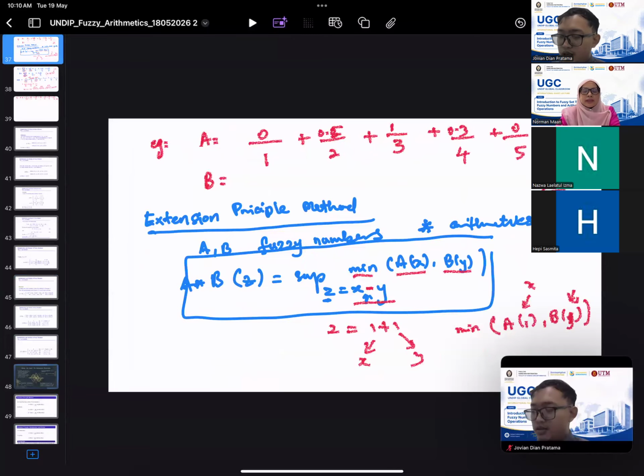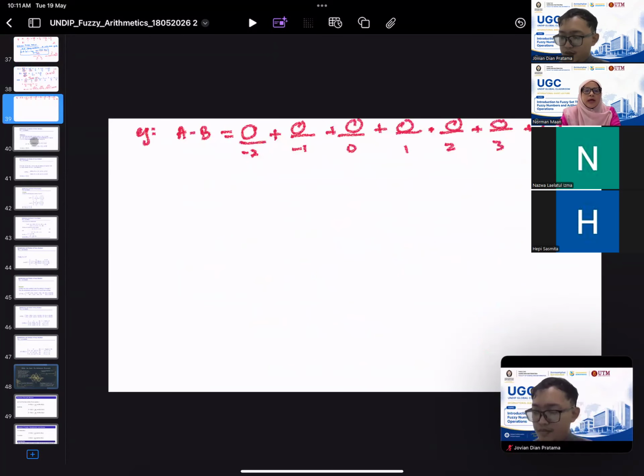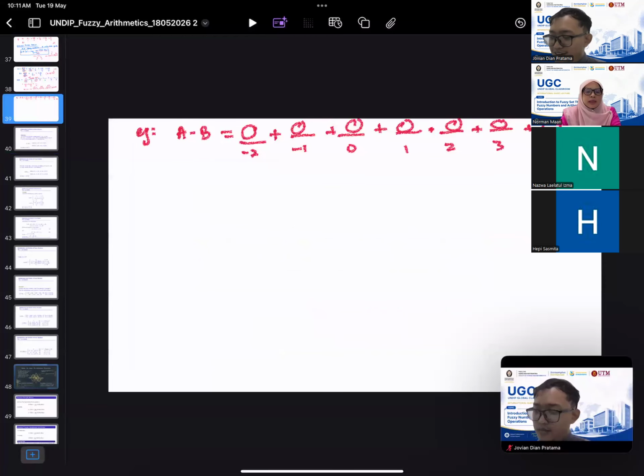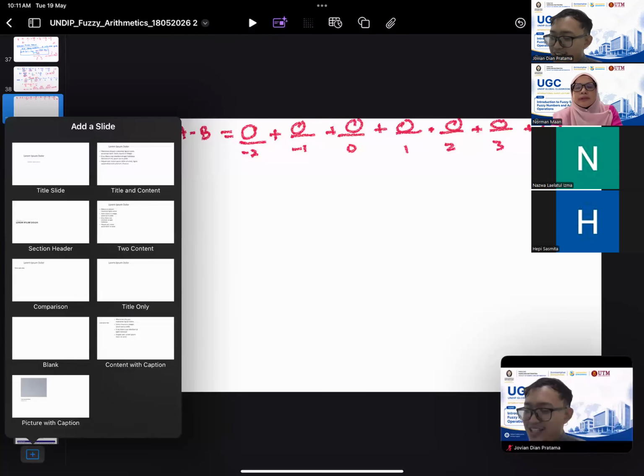The first one is the Afaka method, where the fuzzy numbers involved are in the form of continuous functions. But for the extension principle method, we use it specifically if the fuzzy numbers are of this kind, for example, a discrete one. So before we go further to the multiplication, I would like to give some more examples.